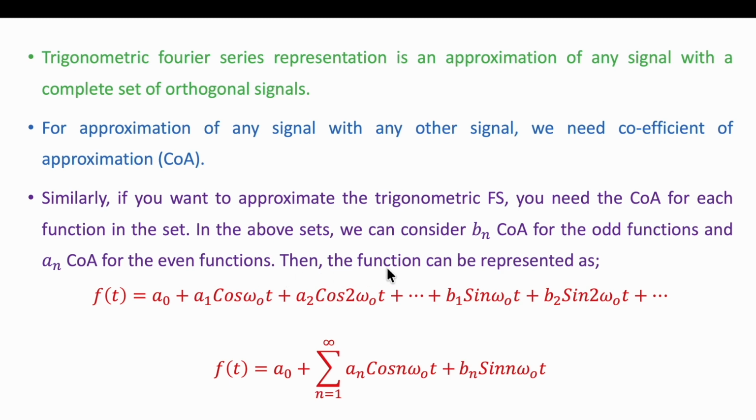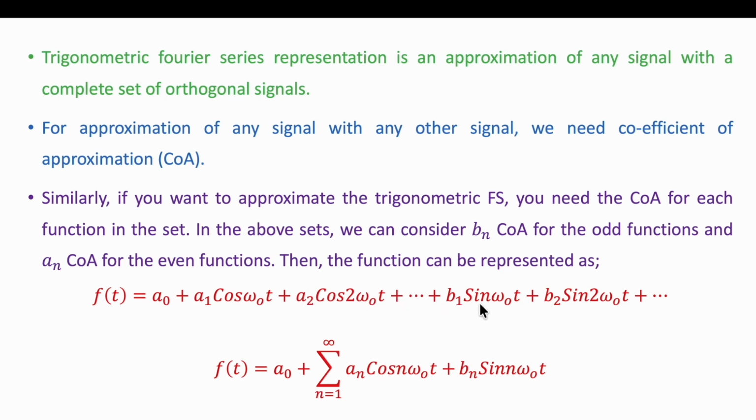Then the function can be represented as follows. As I said, cos 0 is always 1, so the coefficient of approximation for cos 0 is A0, for cos omega naught t it is A1, and for cos 2 omega naught t it is A2, plus so on.